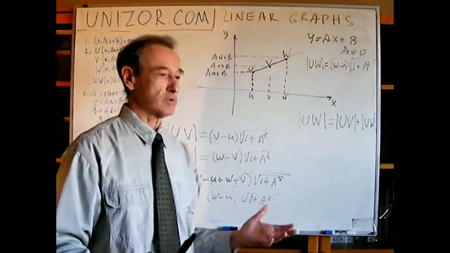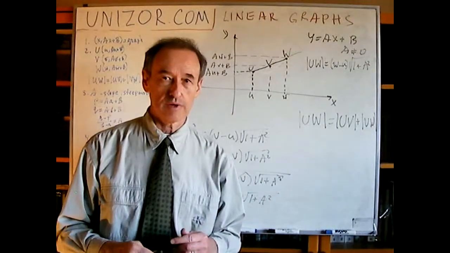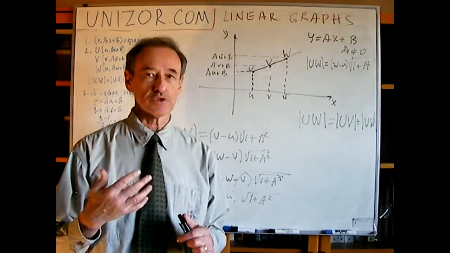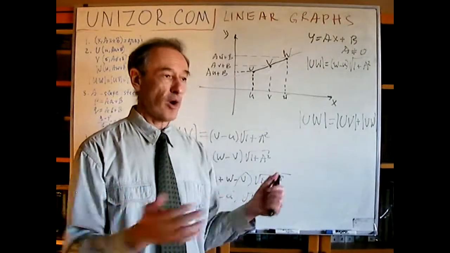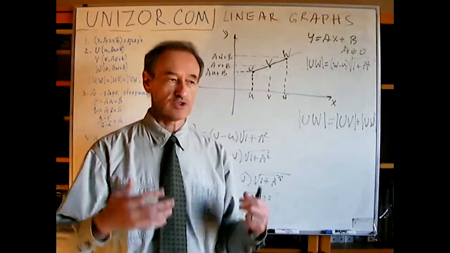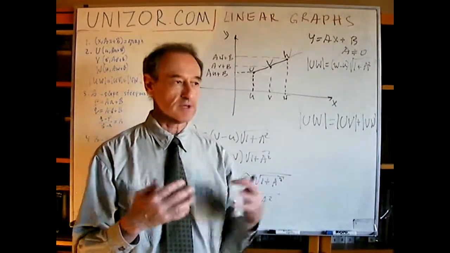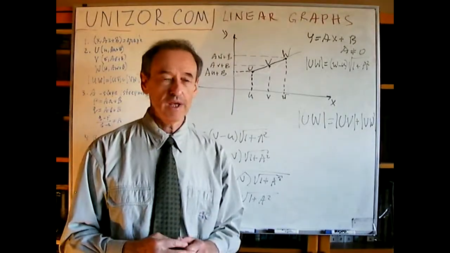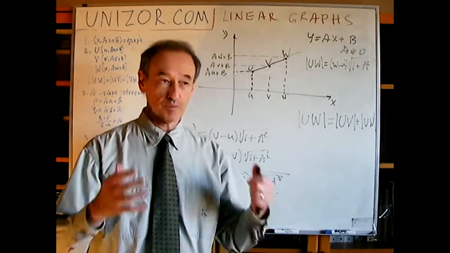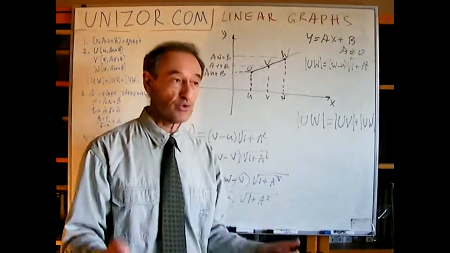I think it's important to not only know that this is a straight line, but also to be able to logically prove that this is a straight line. The only purpose of whatever we are doing here is to stimulate you to think about certain things logically. Don't take it just at face value. If somebody told you this is a straight line, prove it. It's very, very important. That's what lawyers do. They prove their points, right?